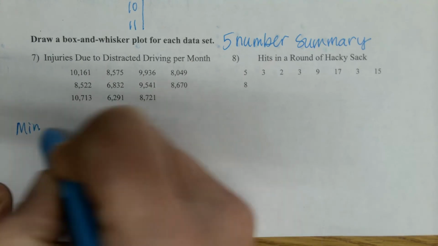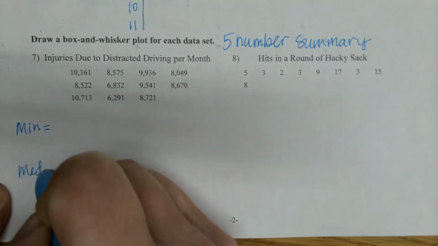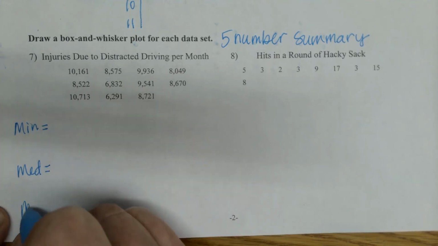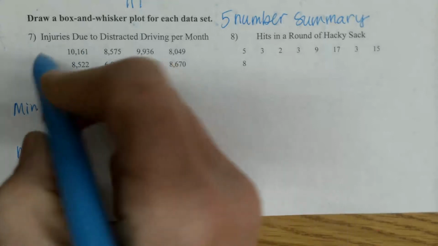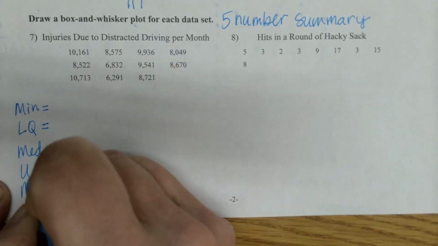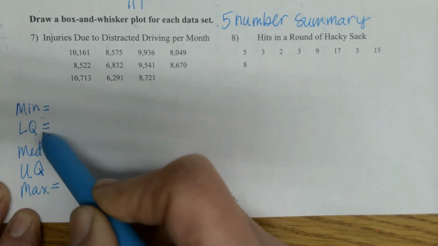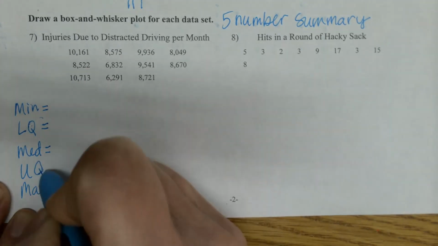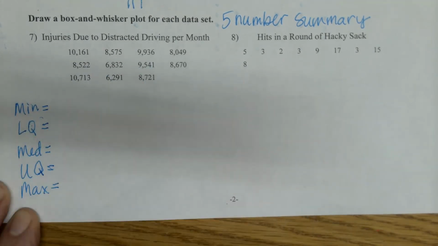I need the median. I need the maximum number. And then I also need in the middle what I call the lower quartile, LQ, and the upper quartile. The lower quartile is the middle of the lower half, and the upper quartile is the middle of the upper half.